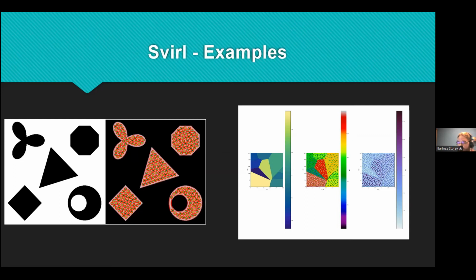Here we can see a few examples of using this program. The screen on the left shows a use case of user-defined geometry of a superconductor, and the one on the right shows spiral variations in the linear coefficient.